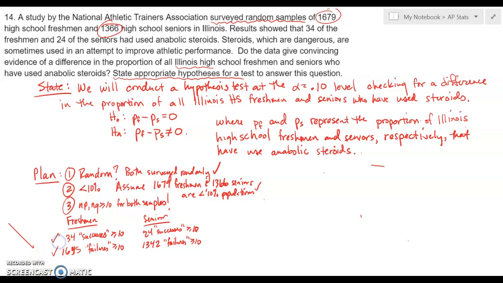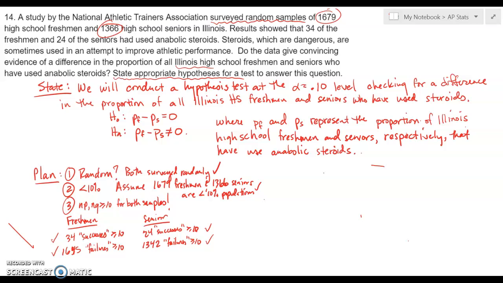And there are 1,645 failures, both greater than 10 there. 24 quote unquote successes, people that use steroids here, and 1,342 failures. So that one checks out. We can use the normal model for our sampling distribution and therefore run our test.